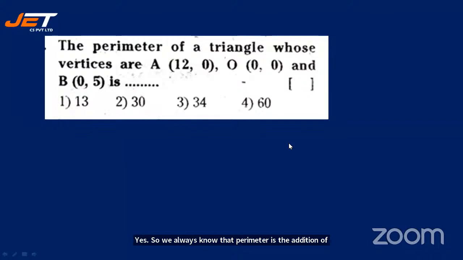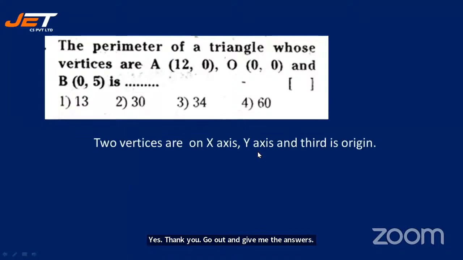So using the distance formula, you have to find out all the 3 sides and add it up. That will give you the perimeter of the triangle. I'm giving you time. Please work it out and then give me the answers. Quickly work out and give me the answers. Let me see. Time is up.